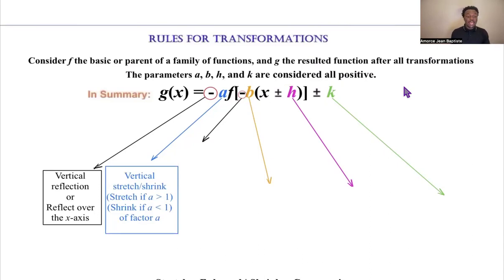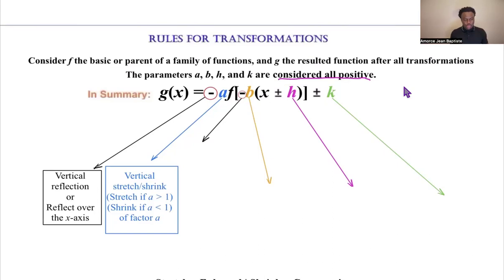Well, actually, the A is expected to always be seen as positive. So that's why A, B, C, D, H, K are always seen as positive, because a negative sign will have a different meaning. Okay, now A means that you have a vertical shrink or stretch.